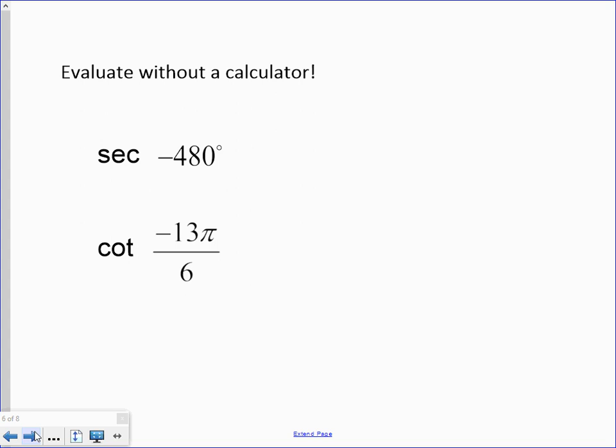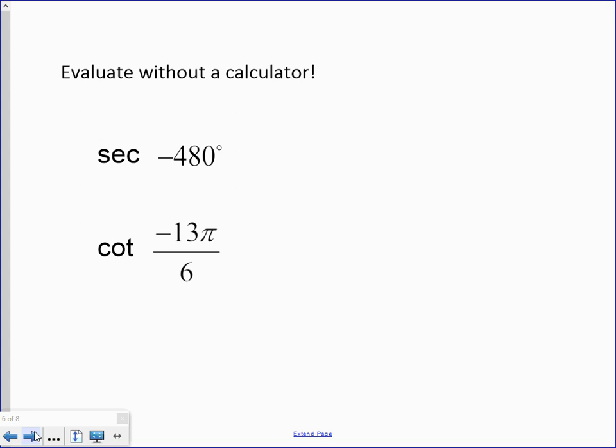I added 360, so that would be negative 120, and 120 is 2/3 of 180, and over 3 is when you use 30. So it's 240.